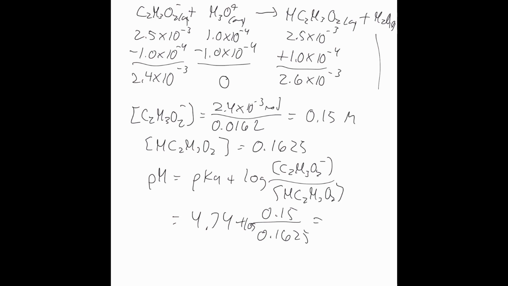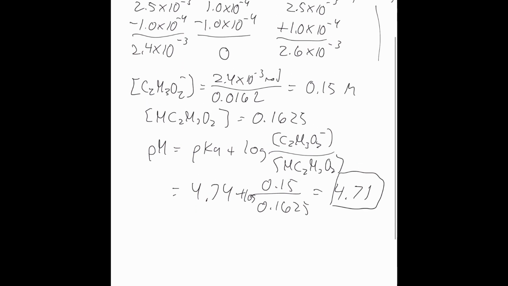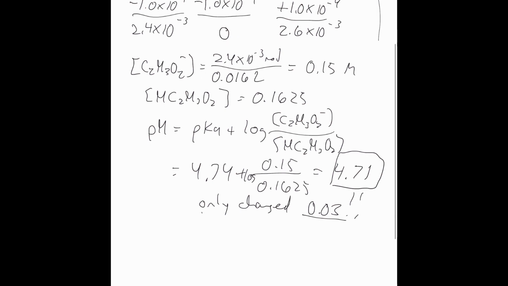And if we add that up, we end up with 4.71 as our pH. Notice, it only changed 0.03 pH units. Okay, that's not a very large change in the pH. So that's what we mean when we talk about being a buffer.